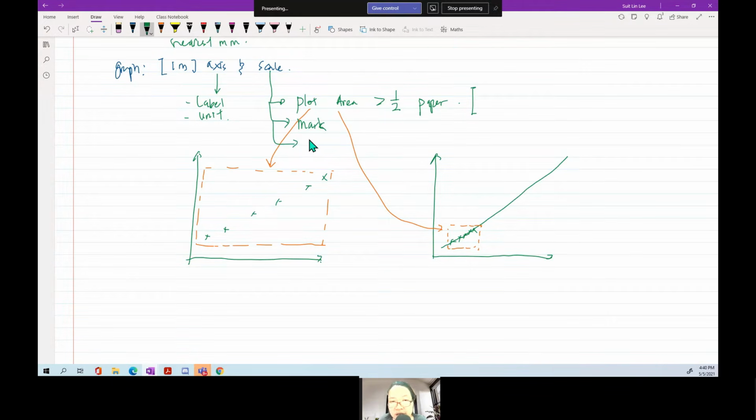Second thing I look for is, did you mark the scale? And is the scale proper? A reasonable or proper scale has only a few varieties. You either go 1, 2, 3, which includes 0.1, 0.2, 0.3, 10, 20, 30, 100, 200, 300. You could also go 2, 4, 6, 8. Sometimes you could go 5, 10, 15.